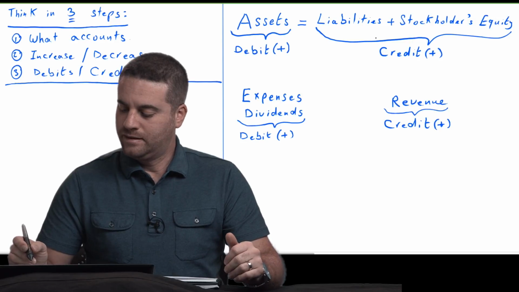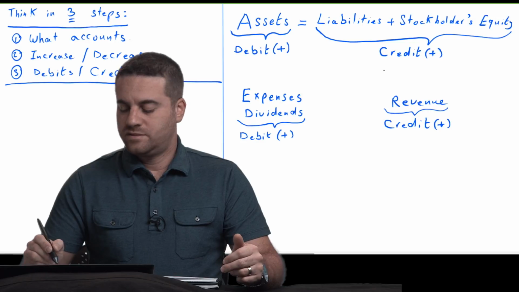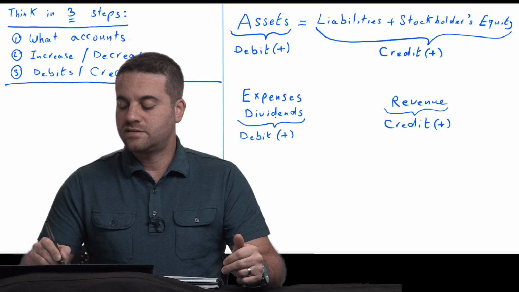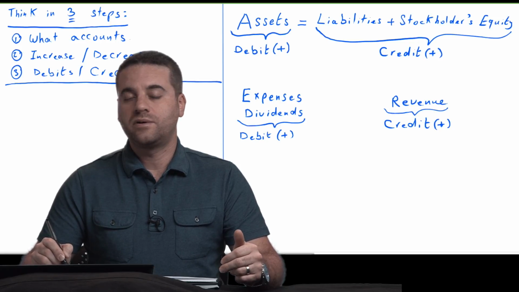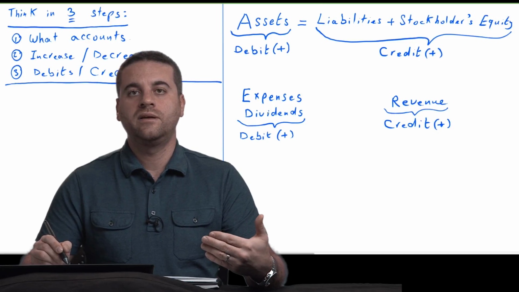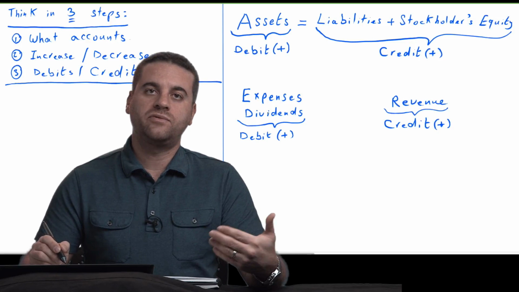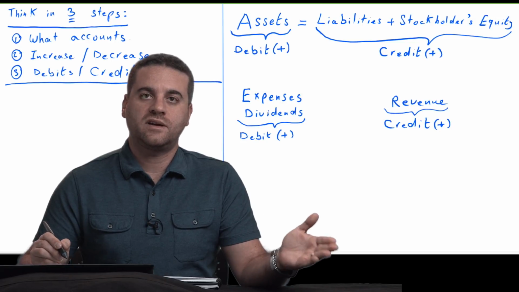Okay. Now, when it comes to expenses, dividends, and revenues, expenses and dividends work the same way as assets. They both increase with a debit, same like assets. So if we distributed dividends or if we paid for an expense, we will say that we debited the expense account.